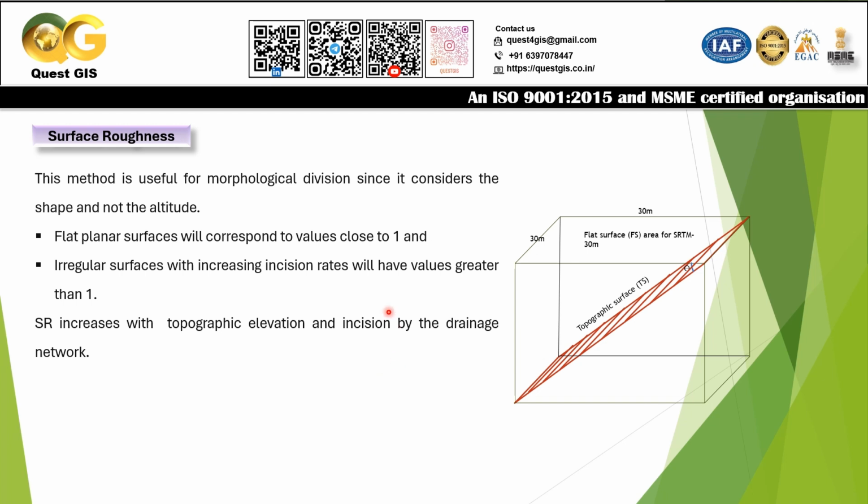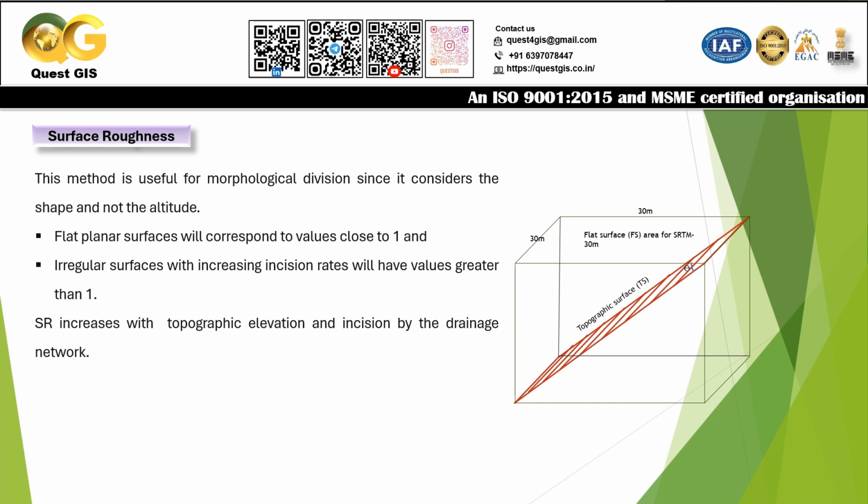So when you find this particular parameter, you also have to take care of the factors that are causing the increase in this SR value, at what region the SR is increasing and at what region the SR is decreasing, and what could be the reason behind it.